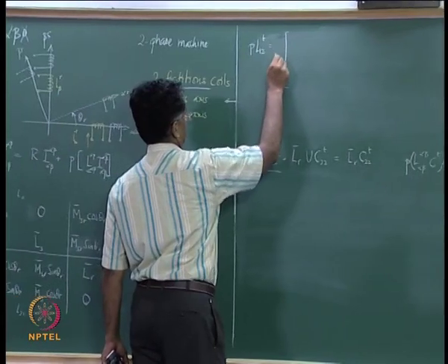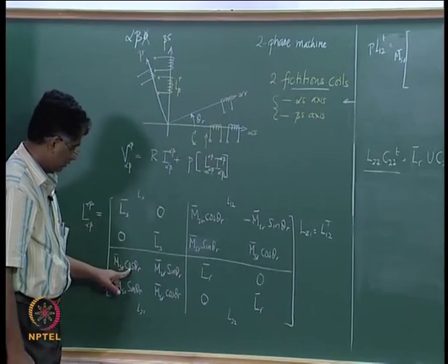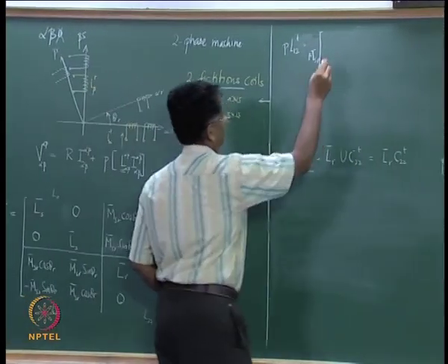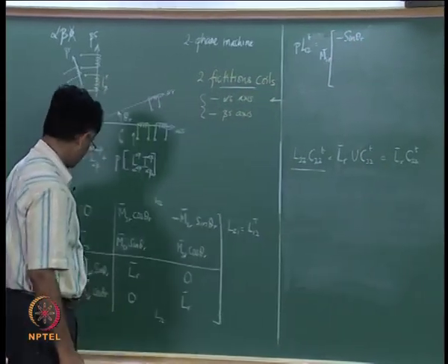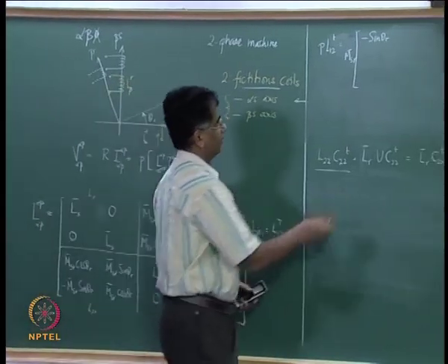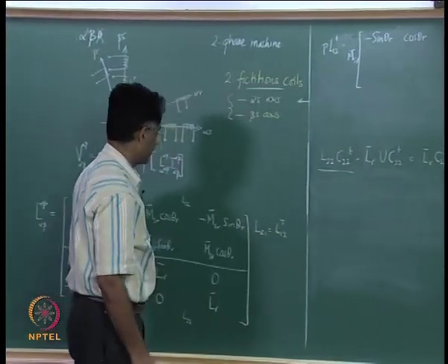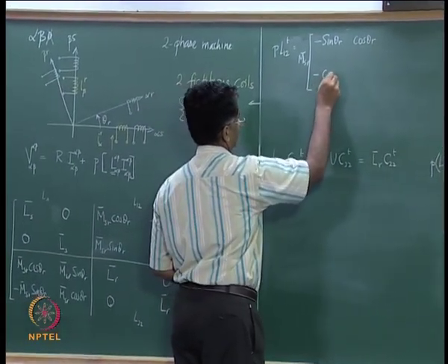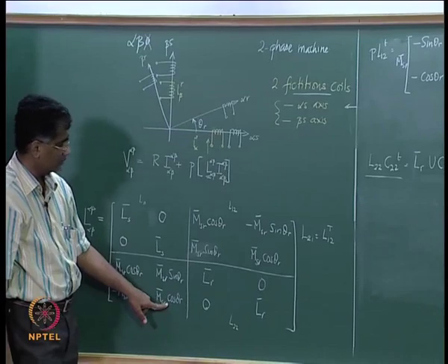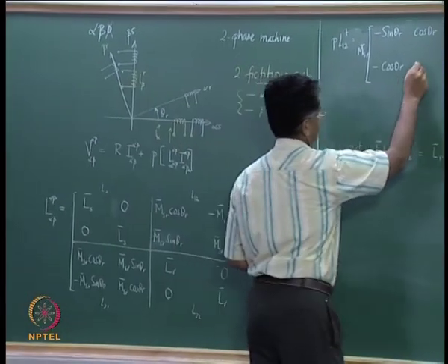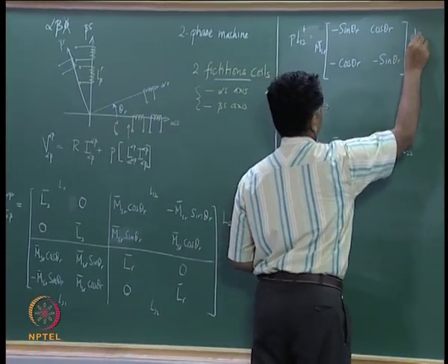So MSR bar, and then you have this term, derivative of cos theta r is minus sin theta r, and then derivative of sin theta r is cos theta r, and then derivative of minus sin theta r is minus cos theta r, and then derivative of cos theta r is minus sin theta r, multiplied by d theta r by dt.